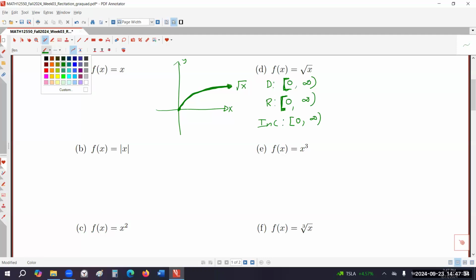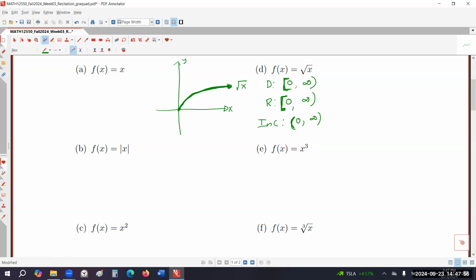Oh, we don't actually have to put a bracket here. We can simply put parentheses. For increasing, decreasing, the bracket or parentheses doesn't matter. Okay, you can put a bracket. It's not a problem, but we don't care. But in domain and range, we must care about whether it is a bracket or parentheses.